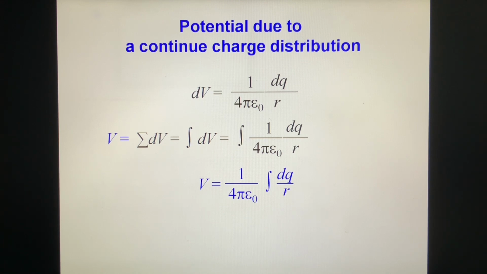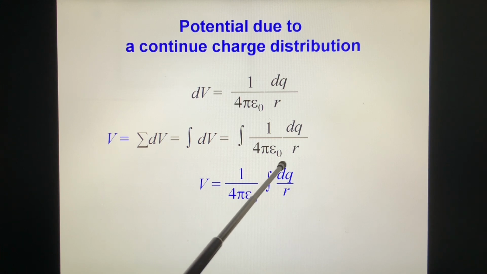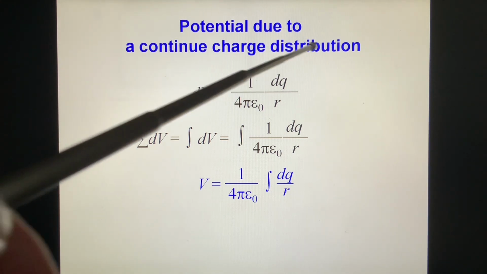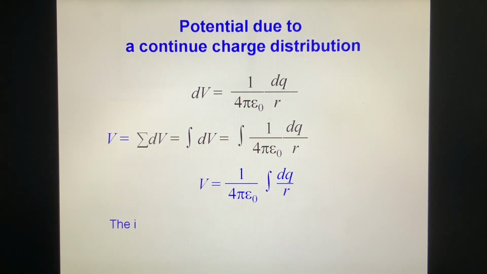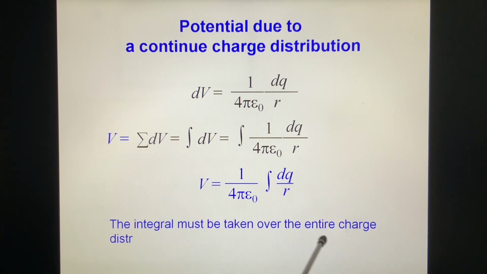So we find V equal to 1 over 4 pi epsilon zero, integration of dq over R. This is the potential due to a continuous charge distribution. The integration must be taken over the entire charge distribution.